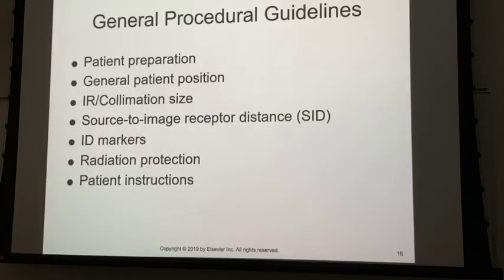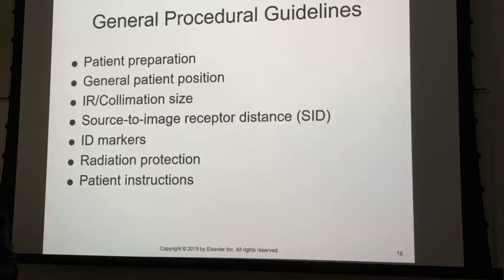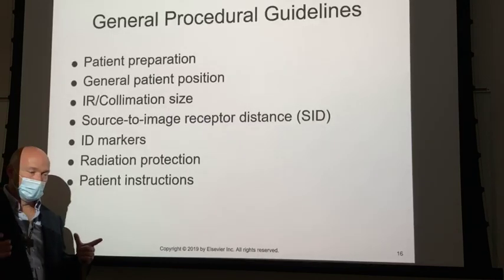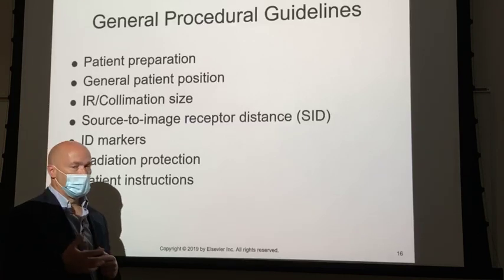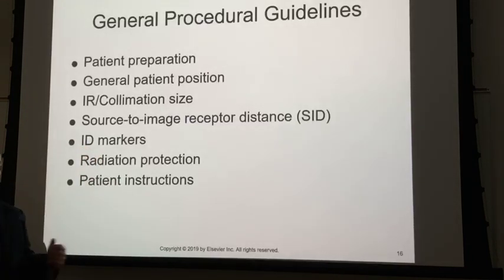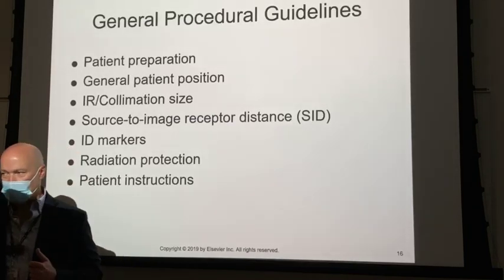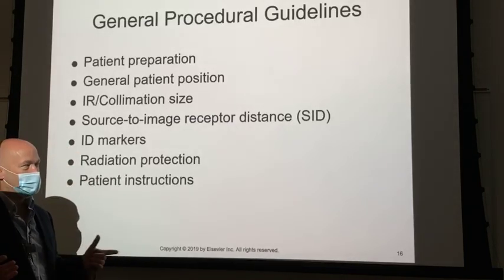A couple of things about image receptor and collimator size: if you have different sizes of image receptors, always use the smallest image receptor that you can get away with. There's no reason to put a hand on a 14 by 17 image receptor. A lot of y'all are using the same size image receptor, 17 by 17 or 16 by 16.